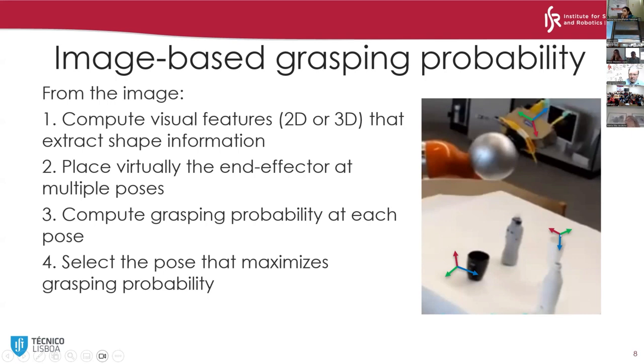We play this end effector virtually in these different poses, and for each one of these poses we have a grasping label. The grasping label says whether for this pose the object is graspable or not. We do this in multiple parts of the image to decide where I should put the end effector with respect to the object. The output of this is the grasping probability for a certain set of image features.